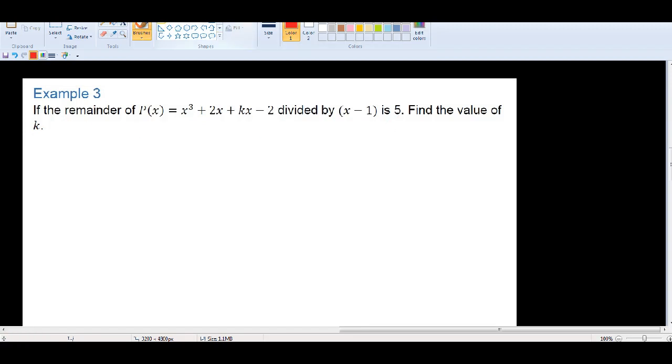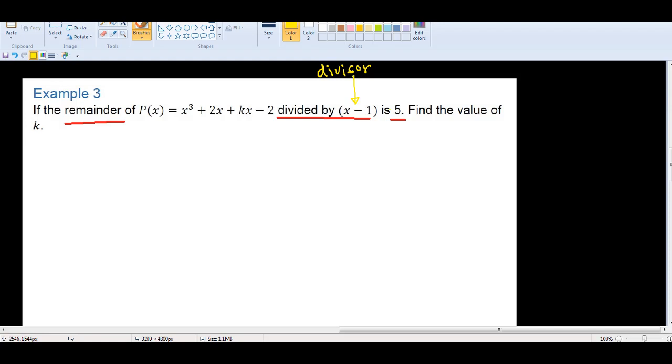They give you the remainder as 5 when P(x) is divided by x minus 1. So when the polynomial is divided by x minus 1, then this x minus 1 is actually what we call the divisor. And the remainder is given.